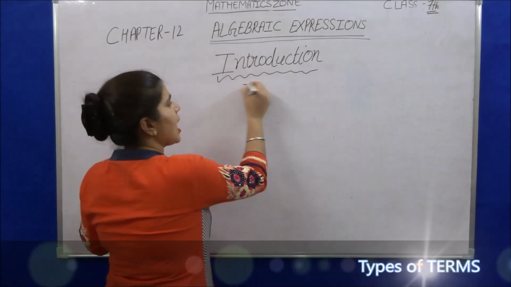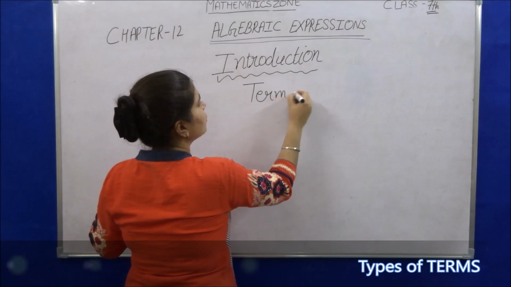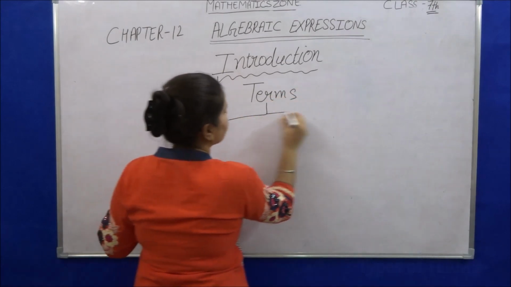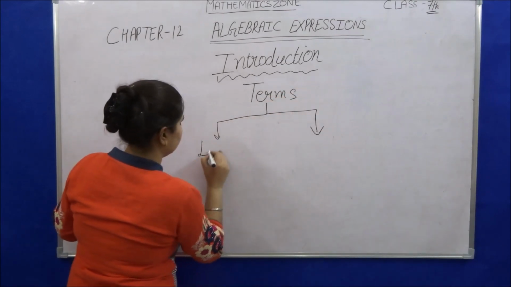Now terms are further categorized into two forms, like terms and unlike terms.